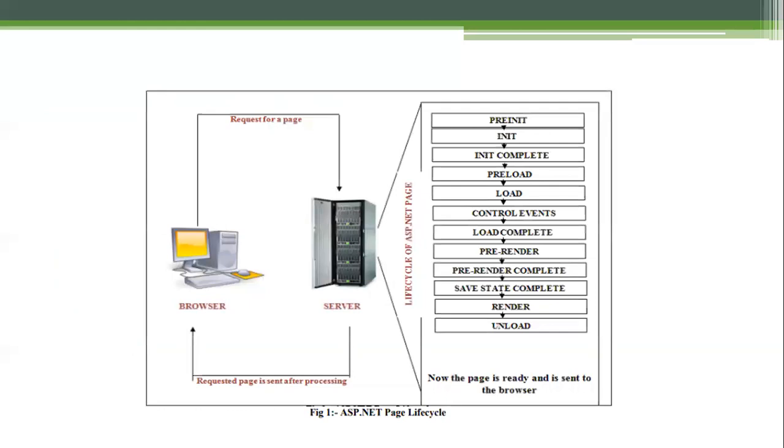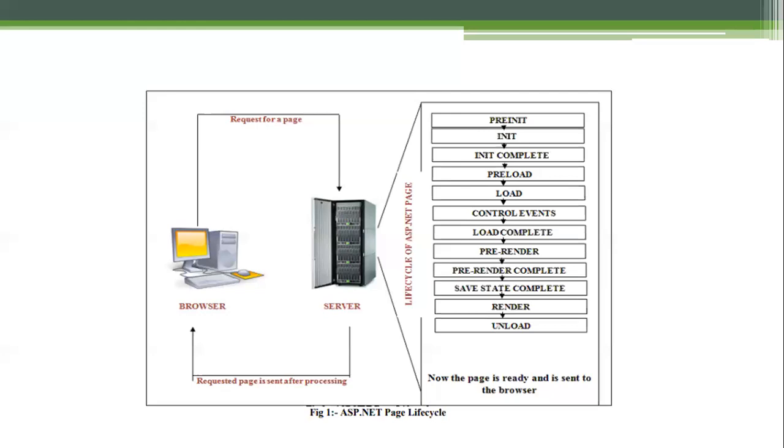So if you take an example, like a diagrammatic representation, this will be the image. From the browser, you are requesting a page. In the server, it undergoes all these events, okay, all these events to serve you the response. First, pre-init, init complete, preload, load, control events, load complete, pre-render complete, save state complete, render, unload.